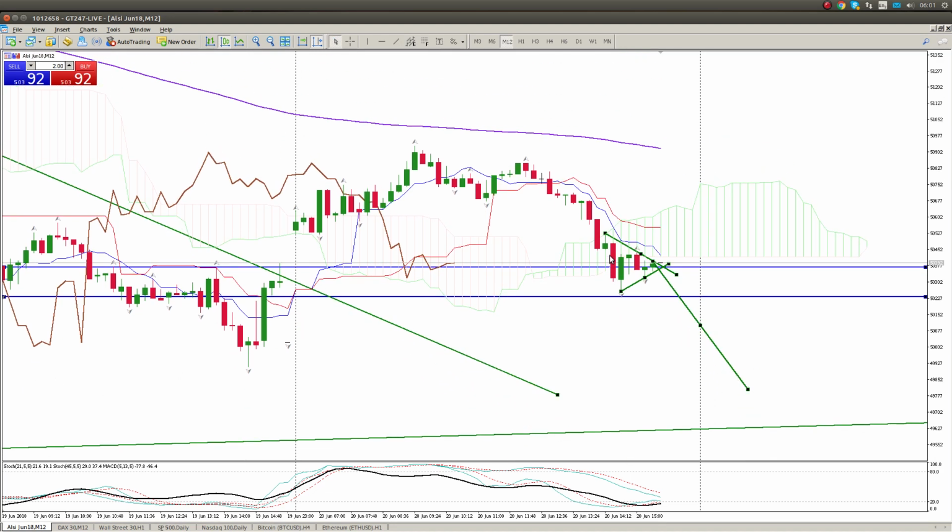Okay, so that's the most logical move, a break of the triangle to the downside, which would then come and test this low here and possibly lower.